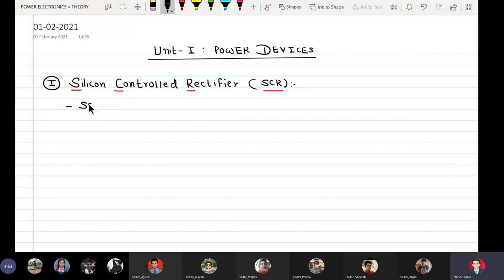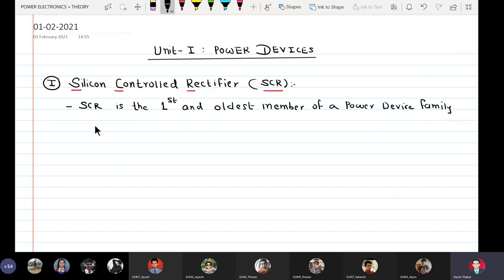So SCR is the first and oldest member of a power device family, thyristor.